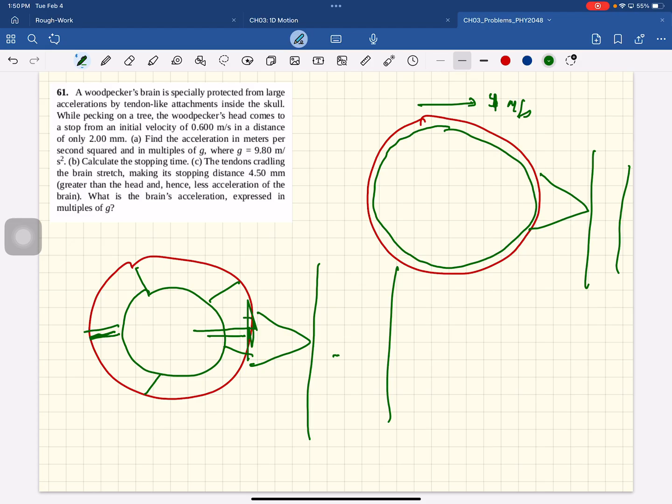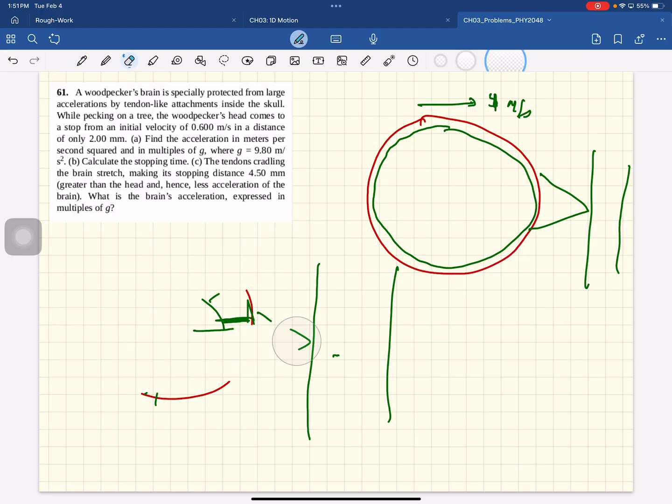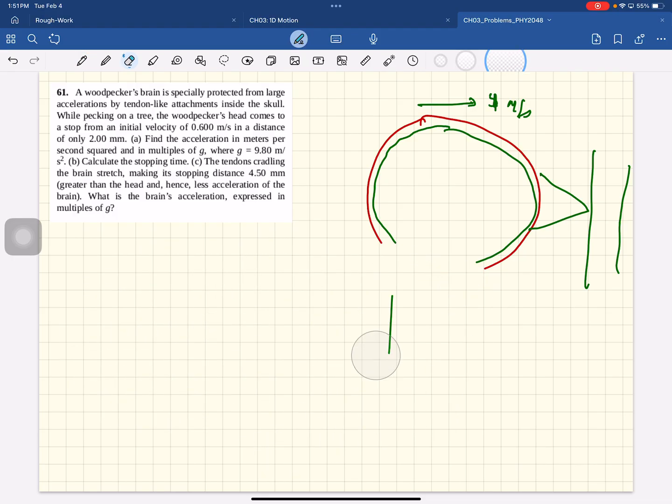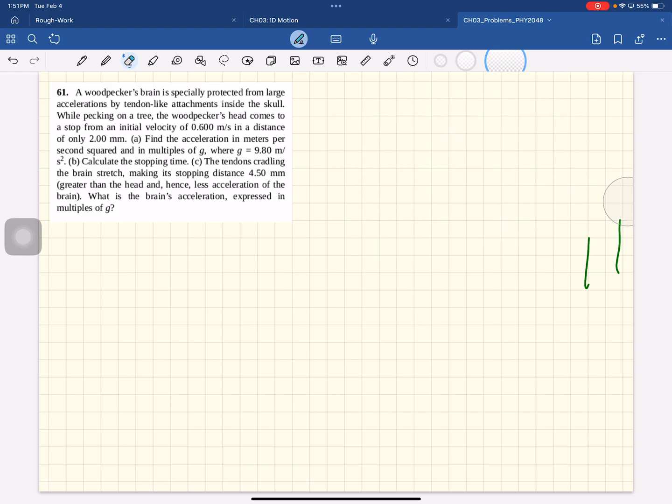So this brain is stopping over a larger distance, and hopefully it doesn't hit the skull. Probably doesn't hit the skull. So all these tendons are pulling back, decreasing the acceleration. So anyway, that's what the problem is about. It's a good solution nature has come up with.